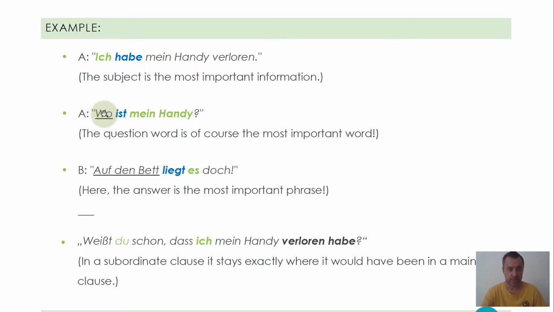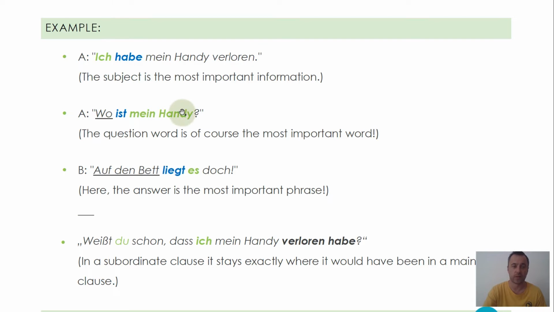But in the second example, Wo ist mein Handy? Where is my phone? Similar to English, a question word can be in position 1 in German too. Where is my cell phone, my mobile phone?